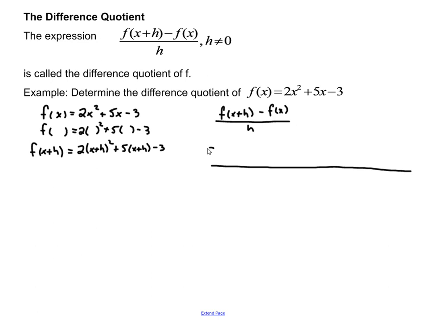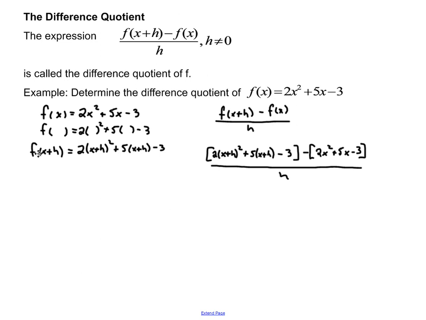So we're actually going to be taking 2 times the quantity x plus h squared plus 5 times x plus h minus 3, and subtract from that the original function, which is 2x squared plus 5x minus 3. All divided by h. And we're going to simplify and evaluate this expression.